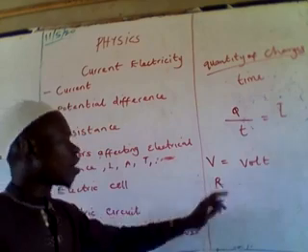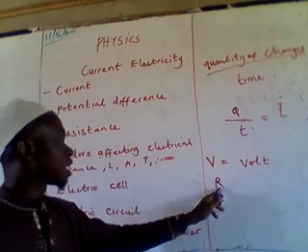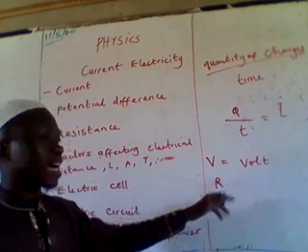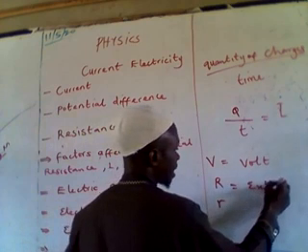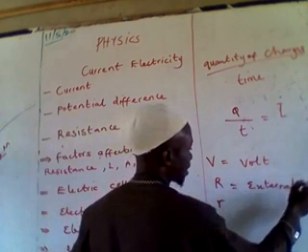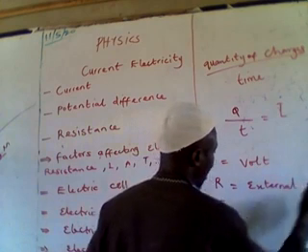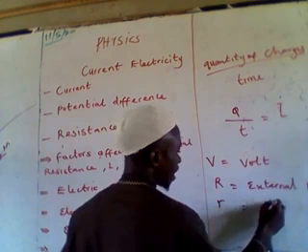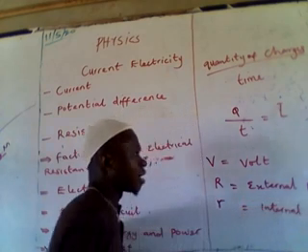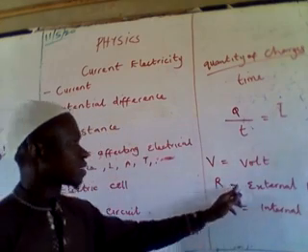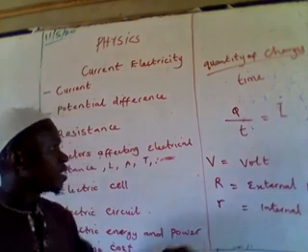Both stand for resistance, but capital R stands for external resistance, while small letter r stands for internal resistance.